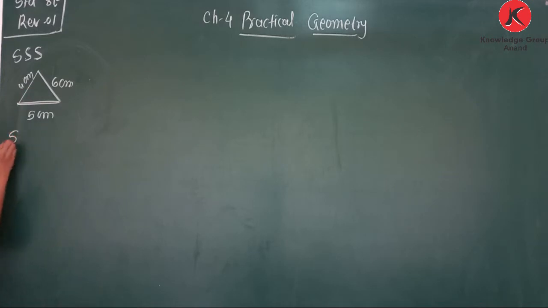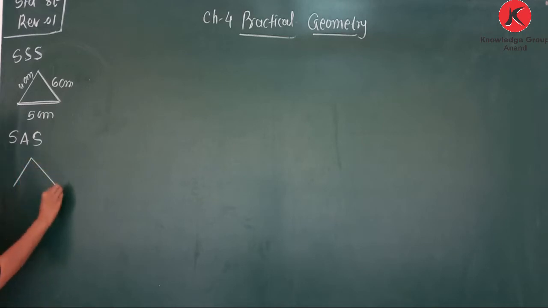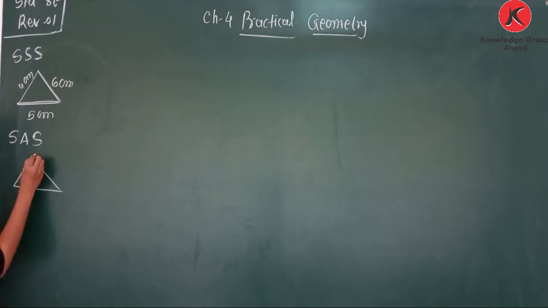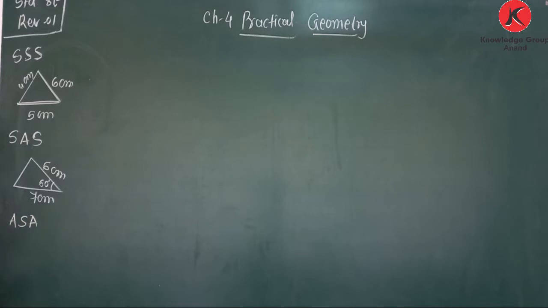Then we learn side angle side criteria. In that, if in a triangle two sides and included angle is given, for example, this side is given 6 centimeter, this is 7 centimeter, and included angle is given 60 degree. So we can construct this triangle with SAS criteria. With ASA criteria, if two angles and included side is given.